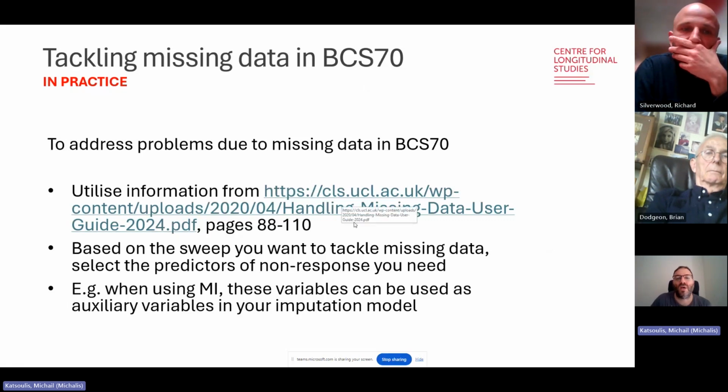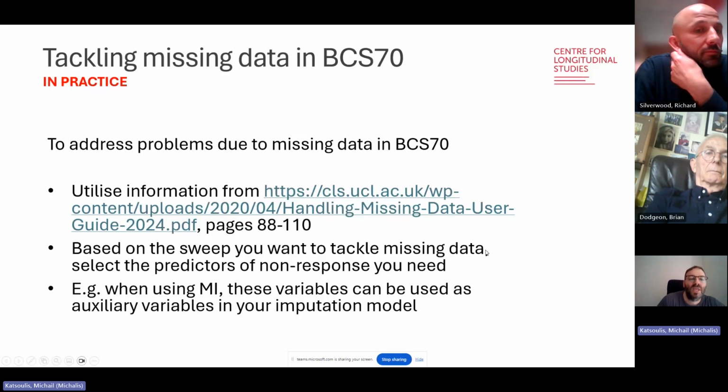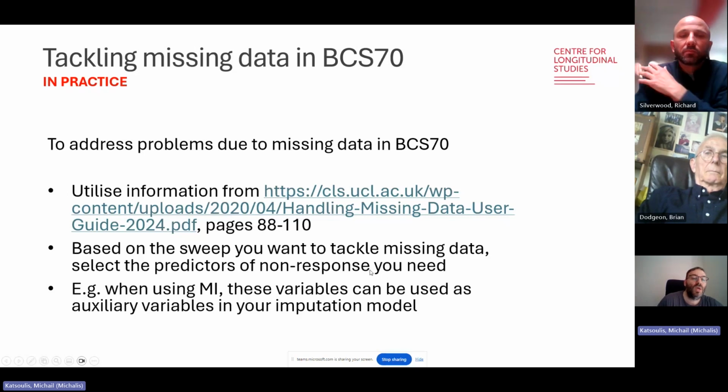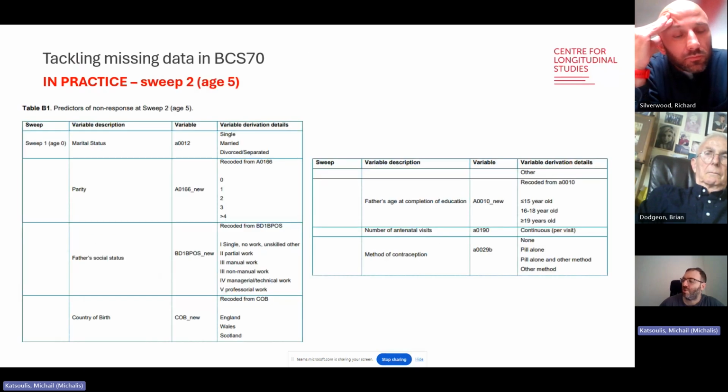You go to our data user guide, and based on the sweep where you want to tackle missing data issues, you select the predictors of non-response that you need. And then, for example, you may want to implement multiple imputation, and these variables can be used as auxiliary variables in your imputation model.